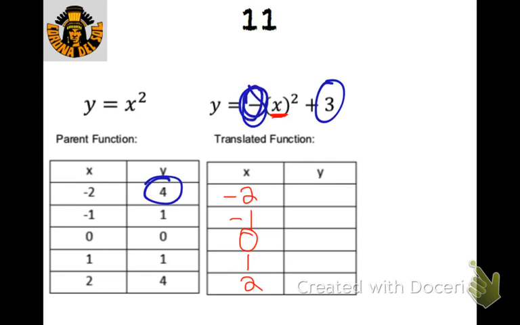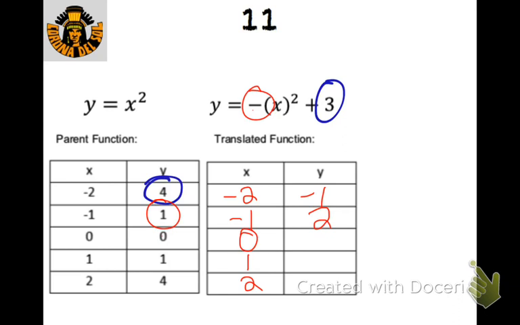That happens to be a -1. So 4 times -1, that's -4 plus the 3, so that's -1. We take the 1, multiply it by -1, that's -1 plus 3, so we get a 2.